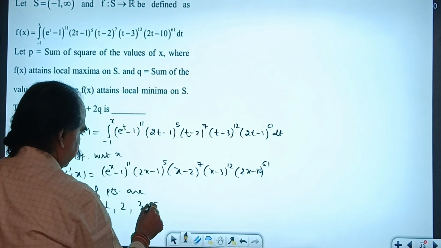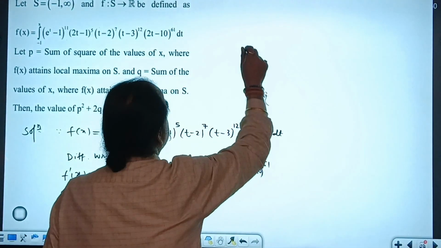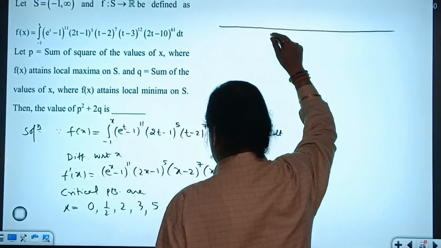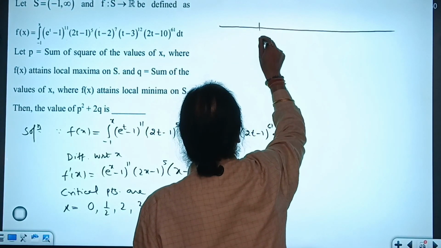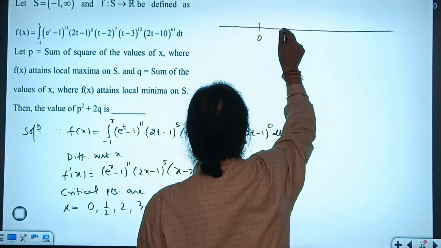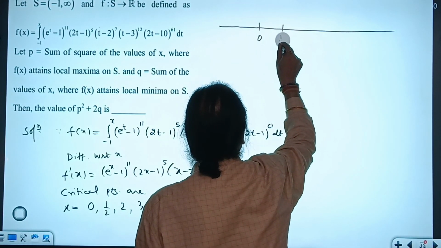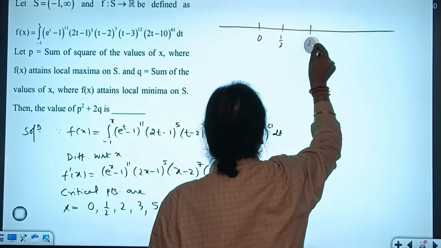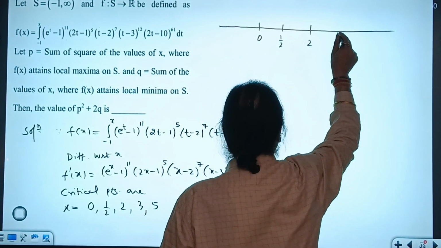If you plot on the number line: 0, half, 2, 3, 5.